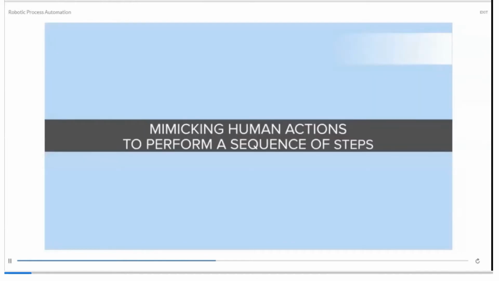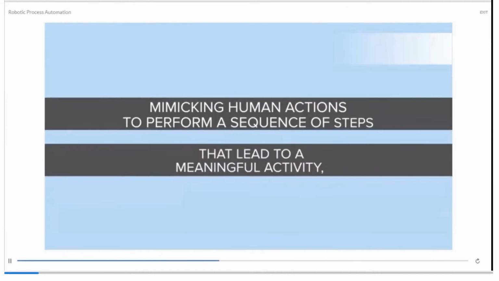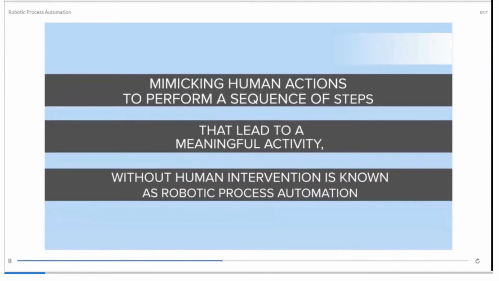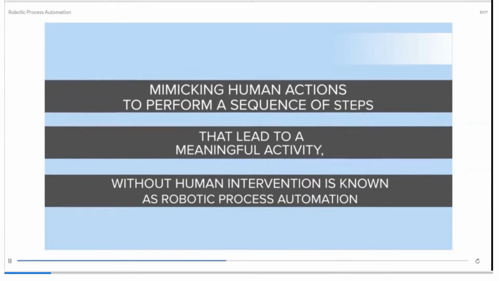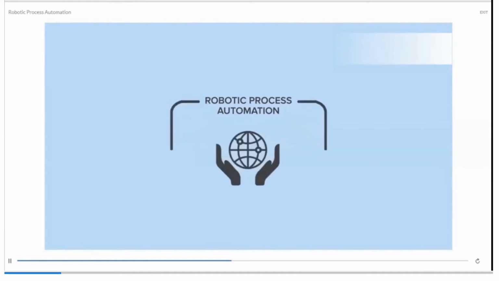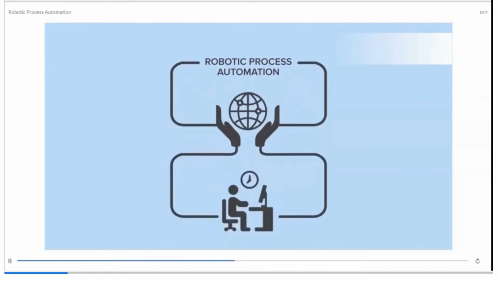That automation process is called robotic process automation. So it mimics human action to perform a sequence of steps that lead to a meaningful activity without human intervention, and that is known as robotic process automation. RPA is used by large-scale organizations to interact with humans and mimic human actions across systems and applications.